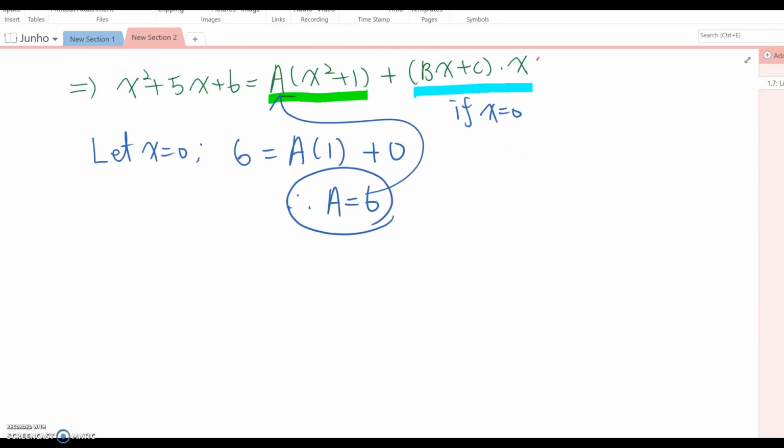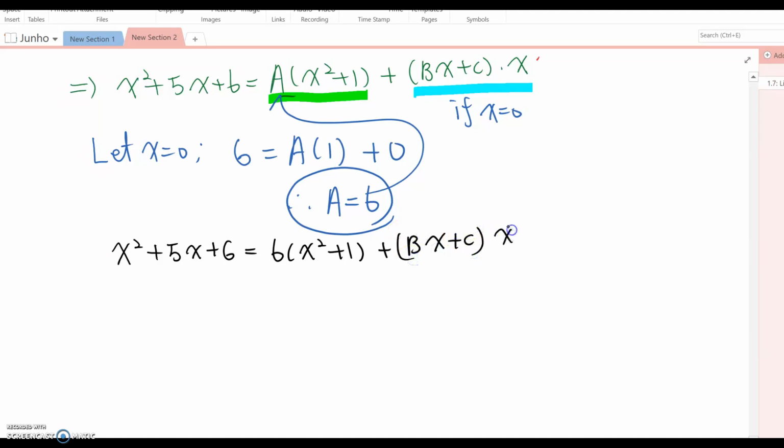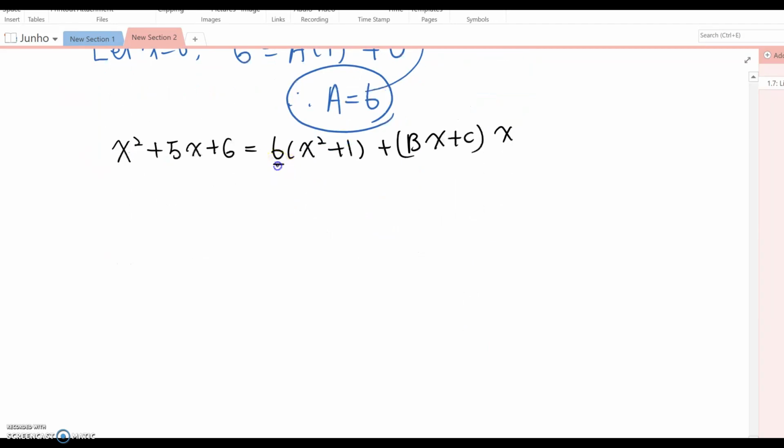Now this becomes x squared plus 5x plus 6 equal to 6 times (x squared plus 1) plus (Bx plus C) times x. Let's expand the right side expression. Then this becomes 6x squared plus 6 plus Bx squared plus Cx.